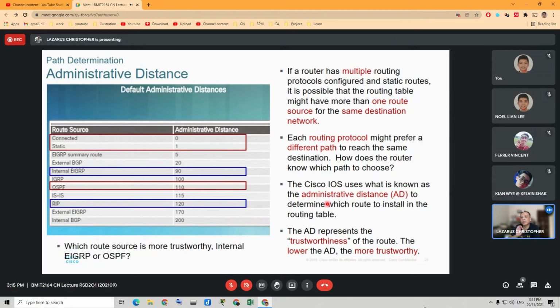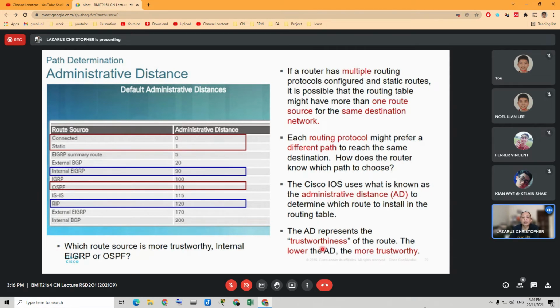So this is configured or determined by the administrator himself, right? If the administrator is the one choosing the administrative distance to place, then you will understand what is meant by trustworthiness.